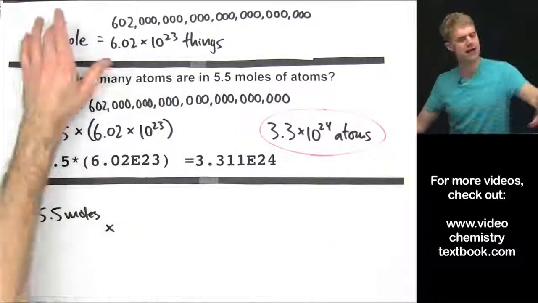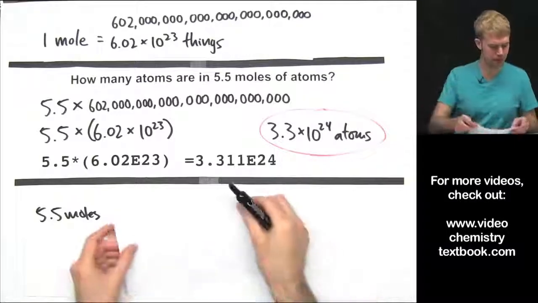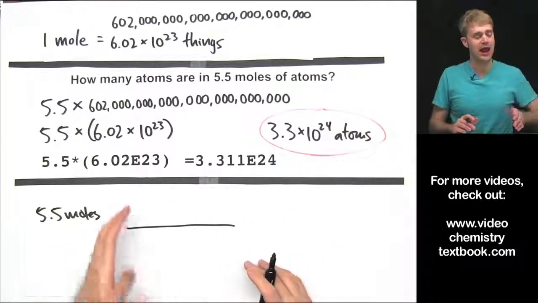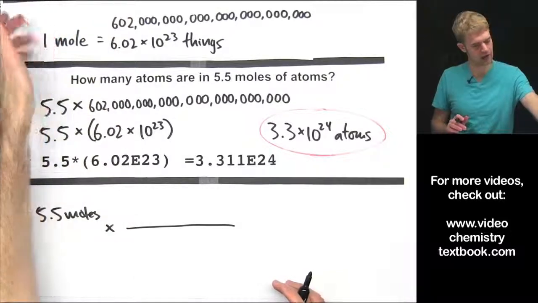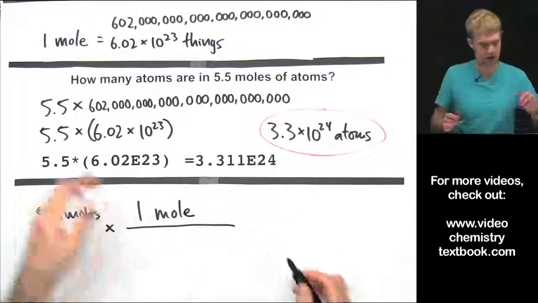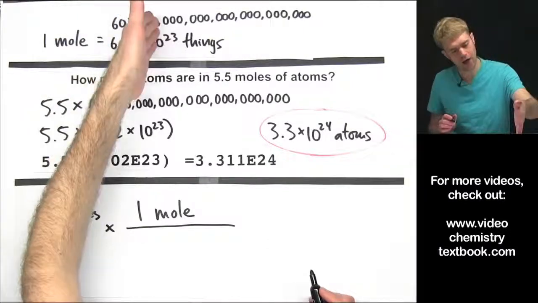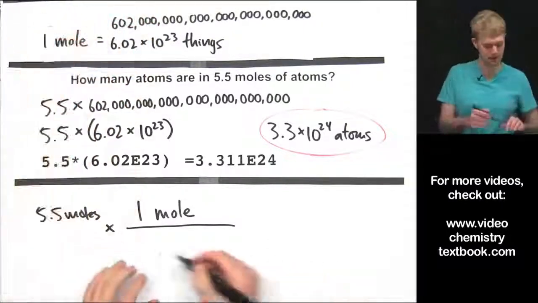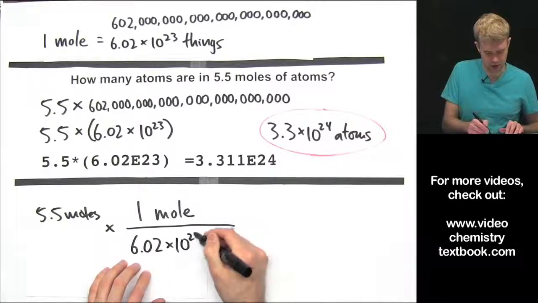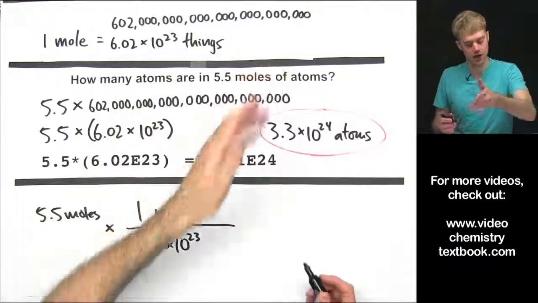Okay? So here's how we'll take this relationship and write a conversion factor. A conversion factor has both a top and a bottom, and we take something on one side of the equation, 1 mole, and we can put it on, say, top of the conversion factor, and then the thing that's on the other side of the equal sign, we put that on the bottom. So I'll do 6.02 times 10 to the 23rd things here, but we're talking about atoms.